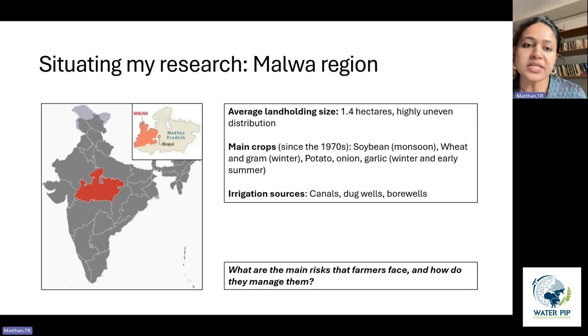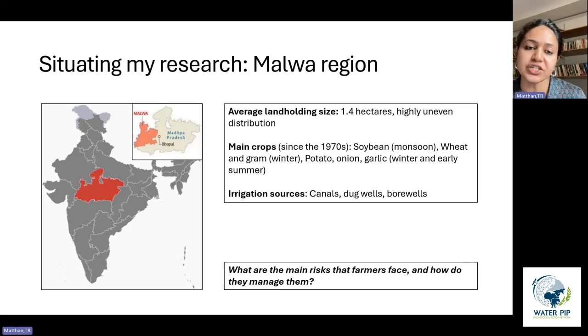The main crops here since the 1970s are soybean, which is grown in the monsoon season, in the rainy season, and then irrigated wheat in the winter season, and it's now been accompanied by a range of vegetables like potatoes, onion, and garlic in the winter and early summer months.